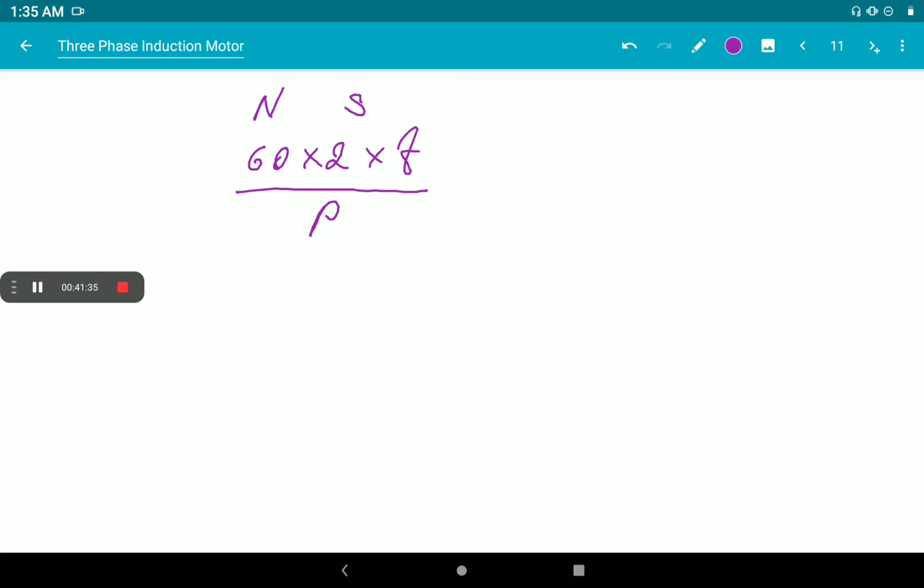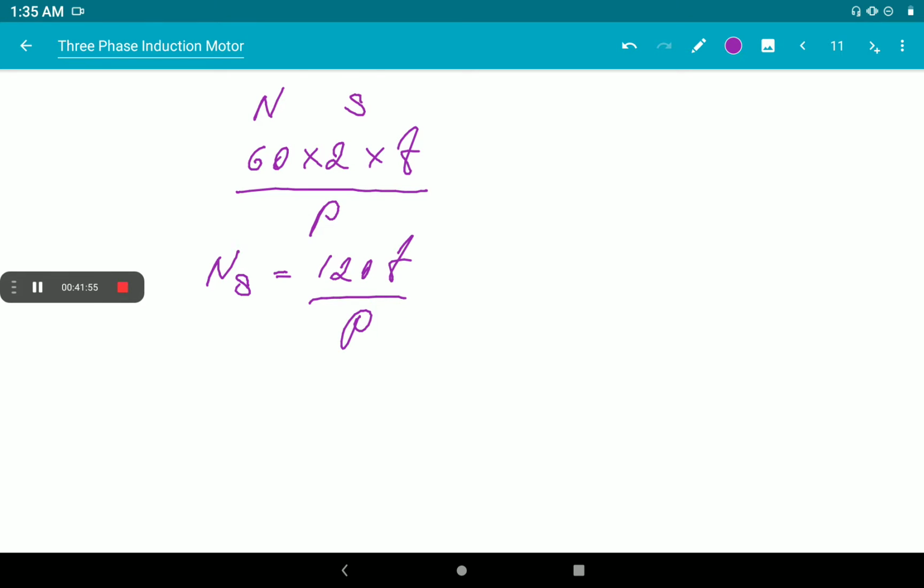Then the synchronous speed is the speed for a pair of poles. To consider the total number of poles, just divide by P. So we can represent Ns as 120 F by P.